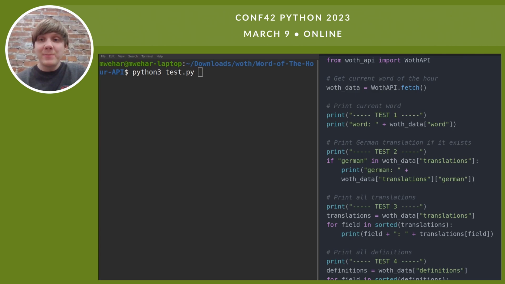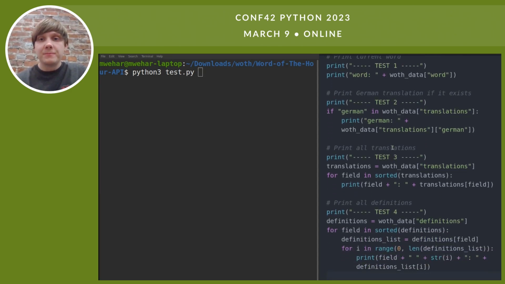So I cloned the repo, and I opened up the test.py file. That's the code you see on the right here. And within this test.py file, you'll see that I first import WAF API, and then I call fetch. And then I have 4 tests here.